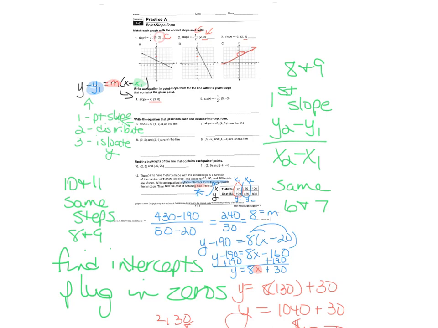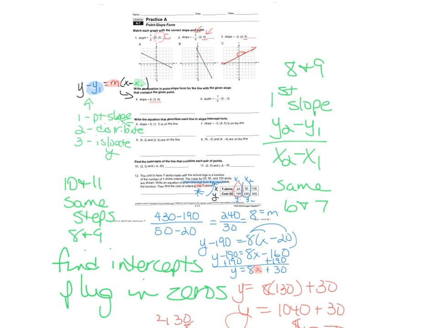Some of them will need to be distributed into slope-intercept. We will go over this homework tomorrow and then do a few more practice problems. And then tomorrow night will be practice B. And then on Wednesday, I'm going to give you some more practice from the textbook until we can get the hang of manipulating these equations.